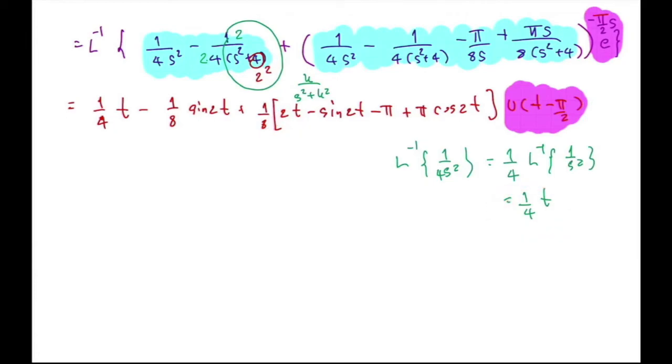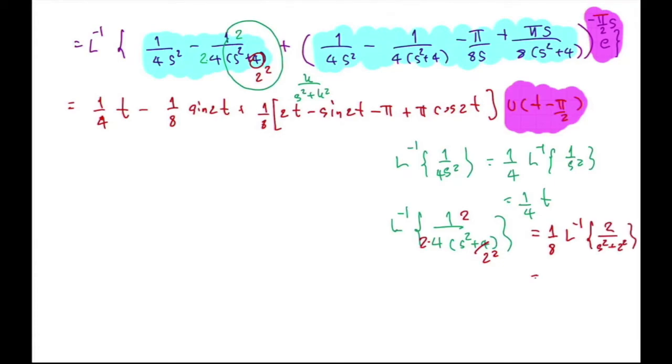See, this one, the inverse Laplace transform of 1 over 4 times s squared plus 4, you can look at this 4 as 2 squared. Then you get 2 here, and you put another 2 there. So you get 1 over 8 times the inverse Laplace transform of 2 divided by s squared plus 2 squared, and that will be 1 over 8 sine 2t.